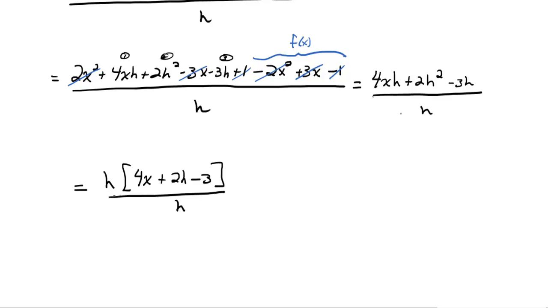So we factored out an h from that numerator. And notice now we see that these h's cancel, and that's that second indicator that we are on the right path. And this will give us 4x plus 2h minus 3. And this is the applied difference quotient for that function.